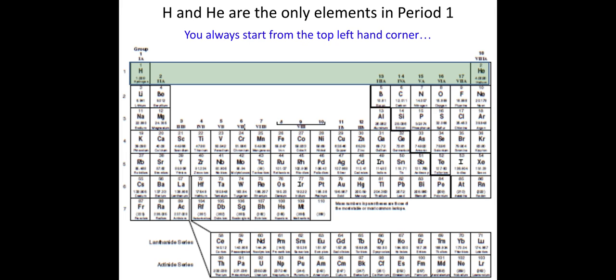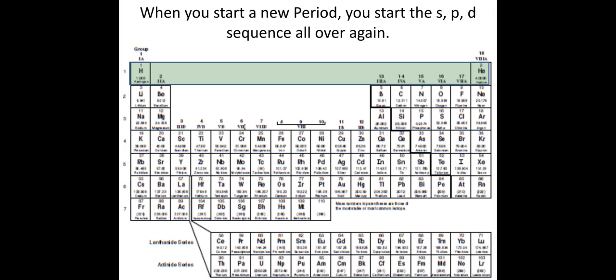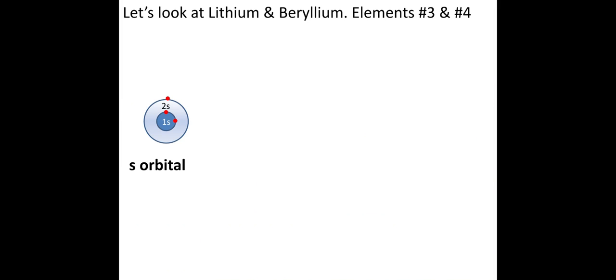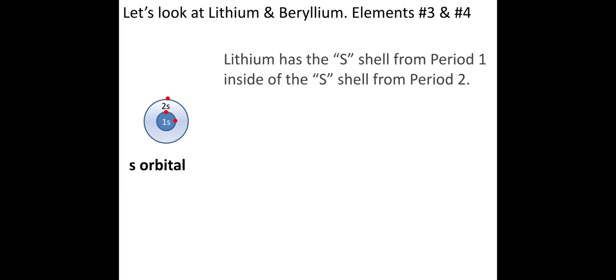So again, that is a review of what you've done under the lesson for electronic configuration. When you start a new period, you start back on the SPD sequence all over again. So let's look at lithium and beryllium. They are elements number 3 and 4.